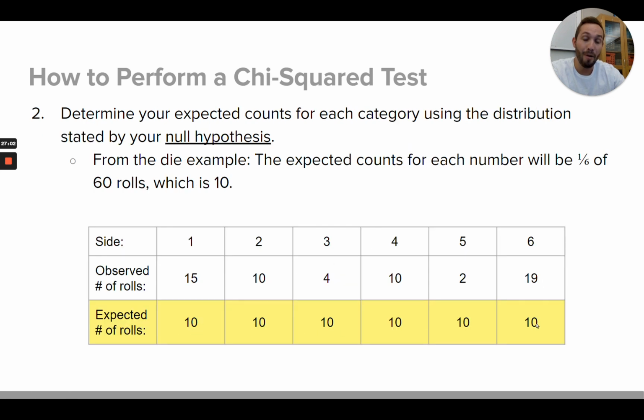What we're saying now, after doing this chi-squared test, is that this observed outcome is statistically significantly different than what we were expecting to happen. This expected outcome is not consistent with what was actually happening, which means that our null hypothesis wasn't a good hypothesis. It didn't accurately predict what was going on.